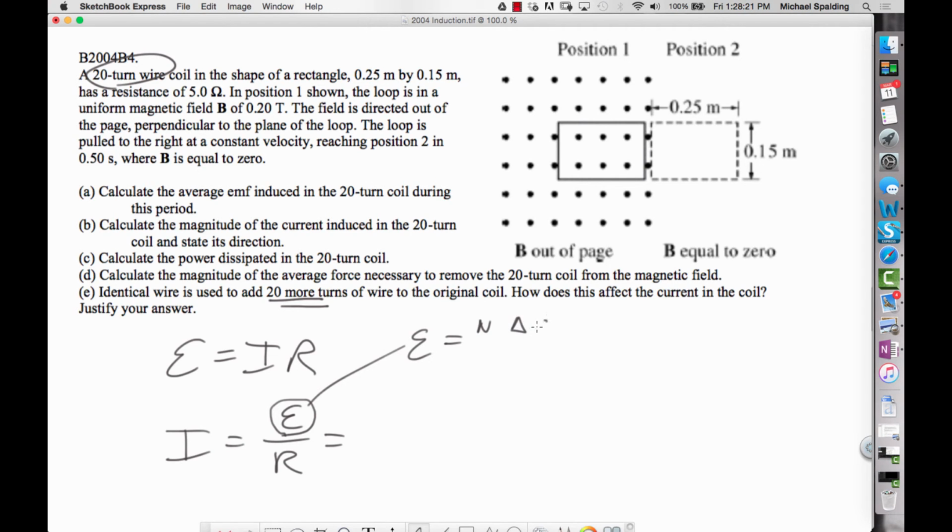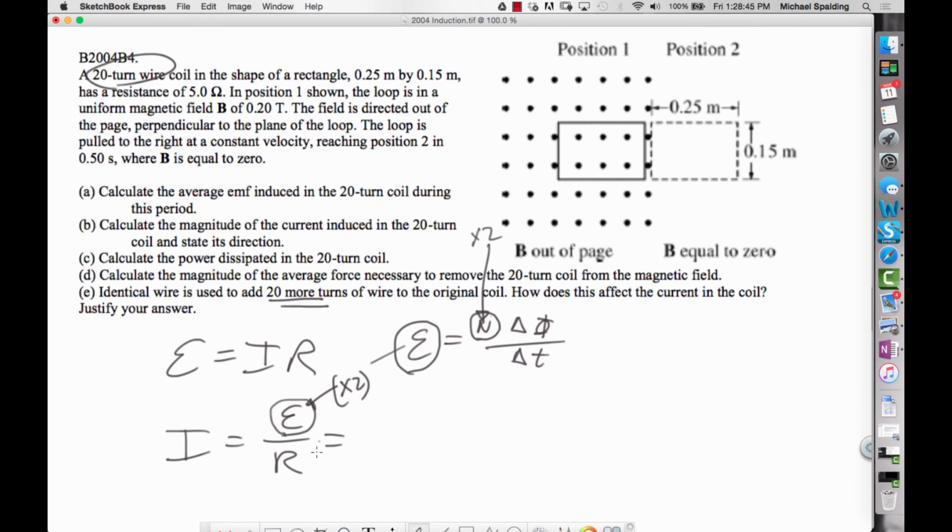N times change in flux over the time. So what are we doing to this induced voltage by doubling the number of coils? If we take N and double it, what's going to happen to the induced voltage? It's going to double.